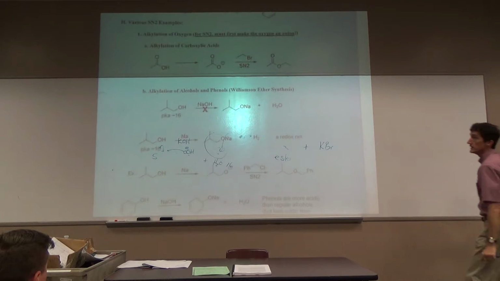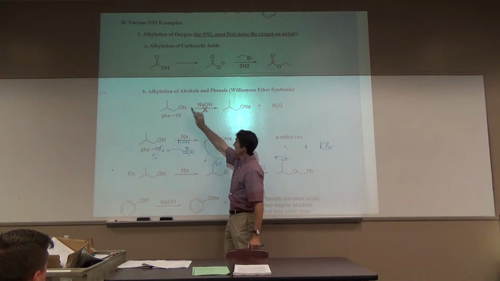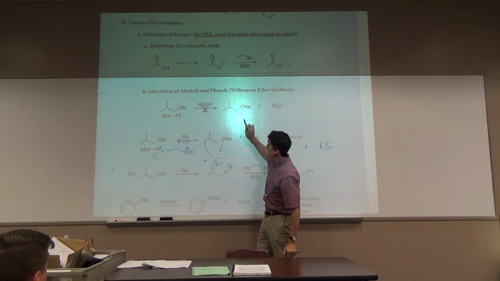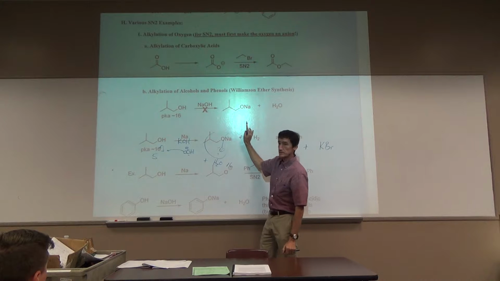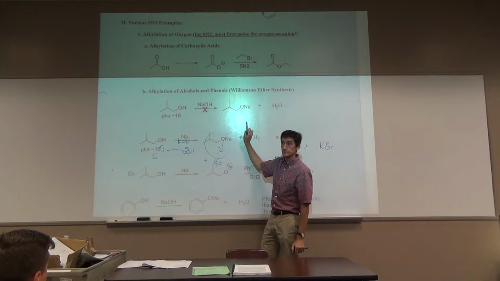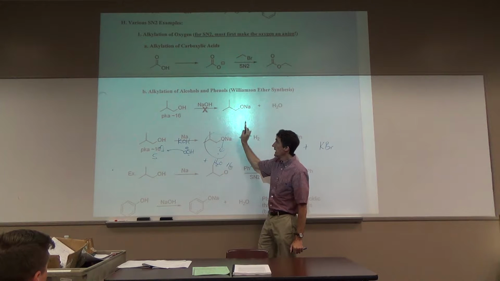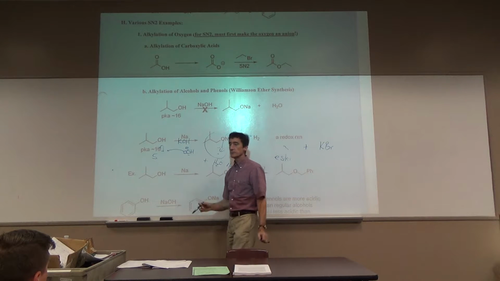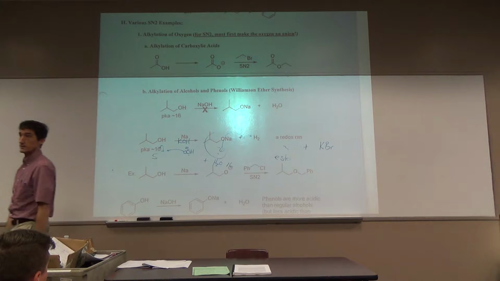But down here, if you react hydroxide with this, you make that plus water, 16 and 16, which side's favored? Neither side's favored. And if neither side's favored, it's just, in practice, not going to work for you.